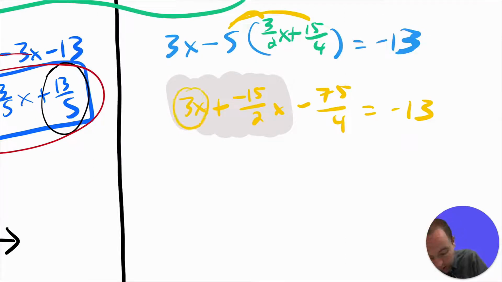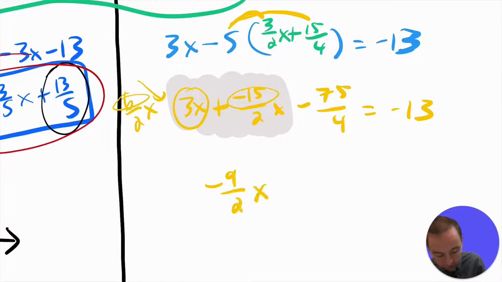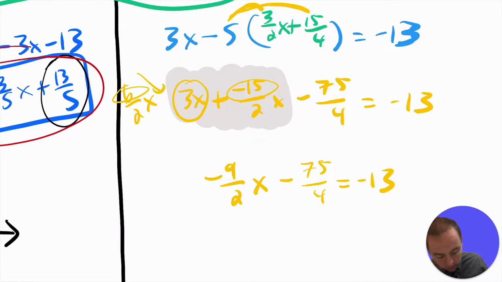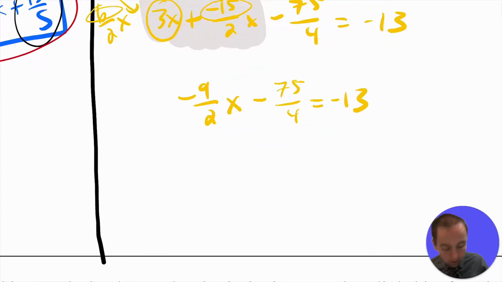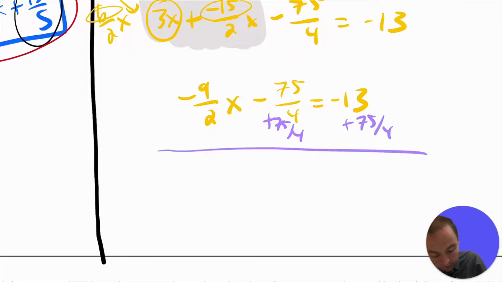If we think of the 3x as 6/2 x, so we get the same denominator, then we can do 6 minus 15 to give you -9/2 x. And then -75/4 is equal to -13. We want to isolate the -9/2 x, so we'll add 75/4 to undo the subtraction, and then add 75/4 to the other side.